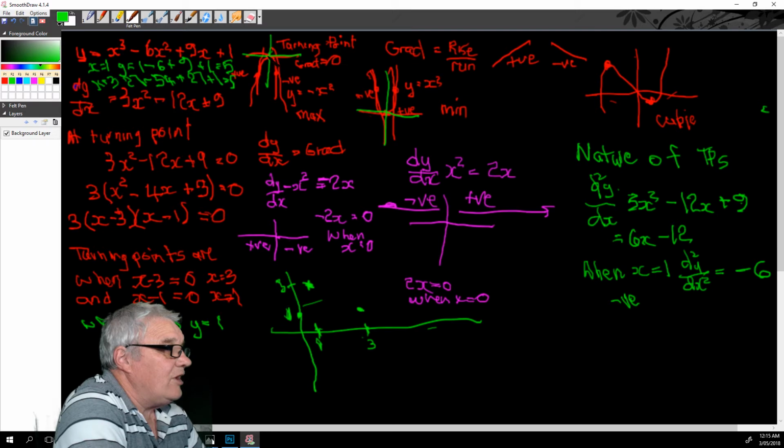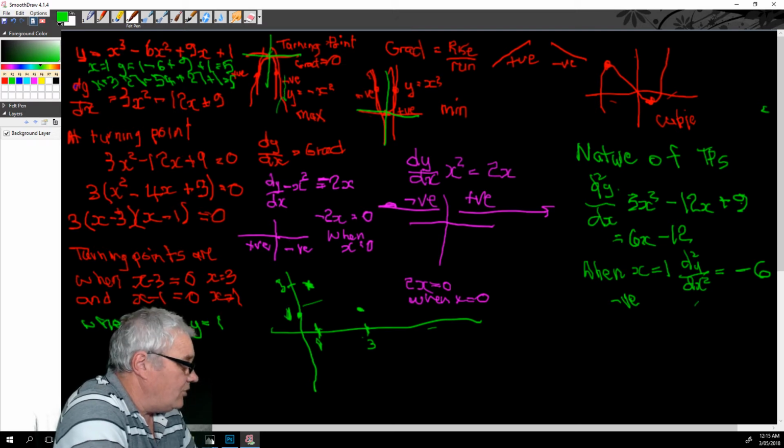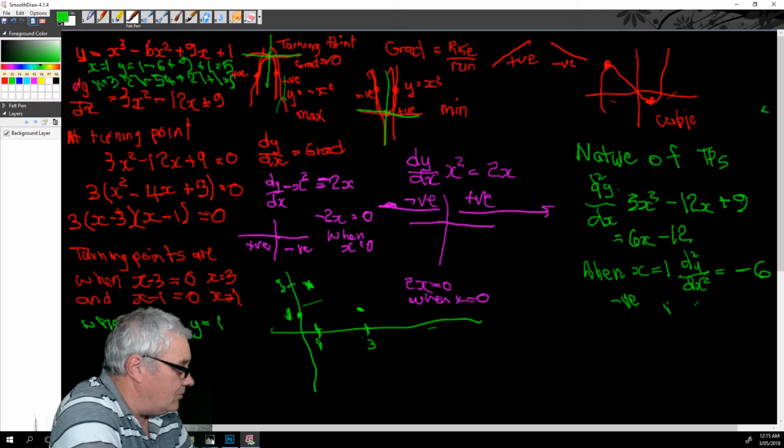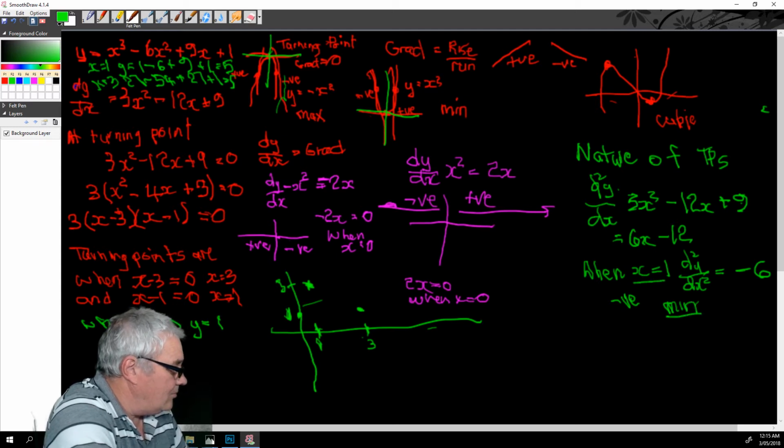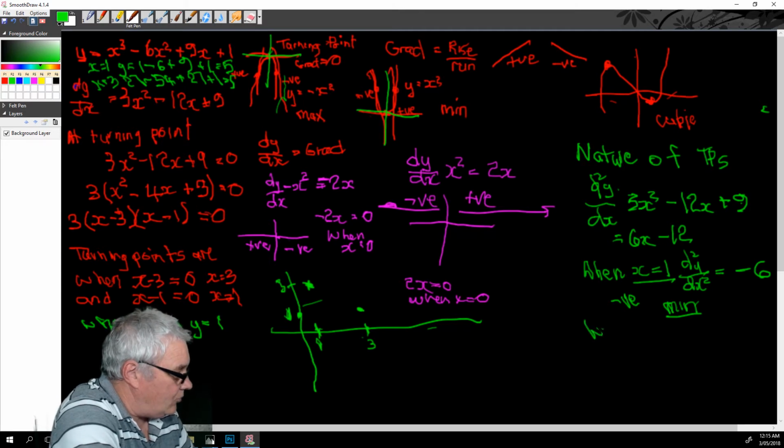So from the turning point, it's starting to go negative, increasing negative. So that tells us that that's a minimum. Minimum when x equals 1.